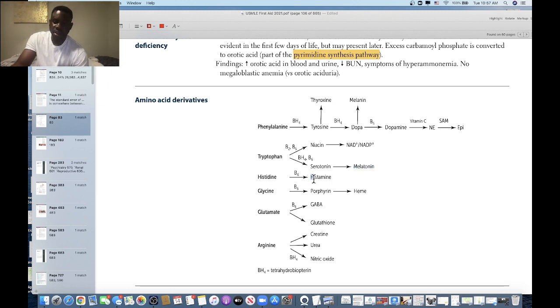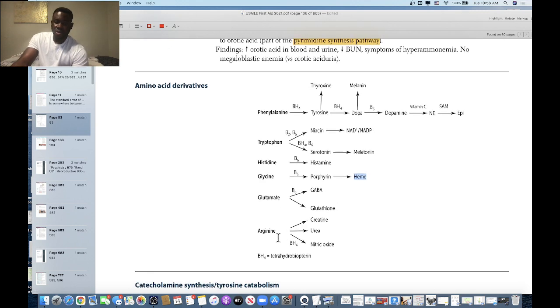Histidine can be used to make histamine. This one, the name suggests. Now, glycine and succinyl-CoA can be used to make heme. So take note of that. So glycine can be used to make porphyrin to heme. Glutamate can be used to make GABA and glutathione. Glutamate can also be used to make glucose.